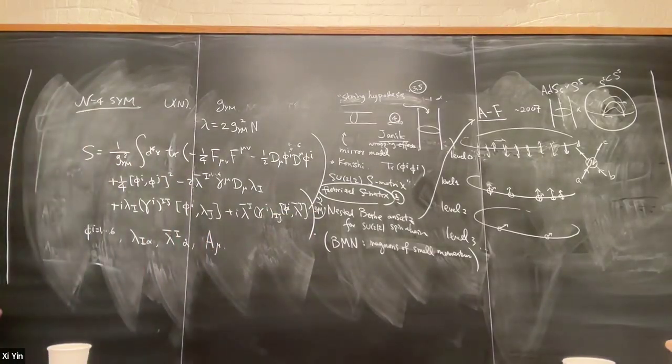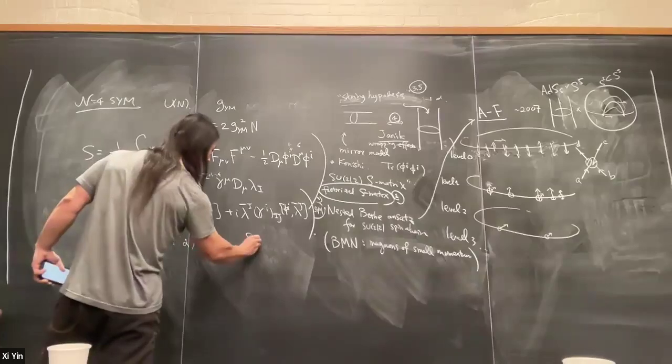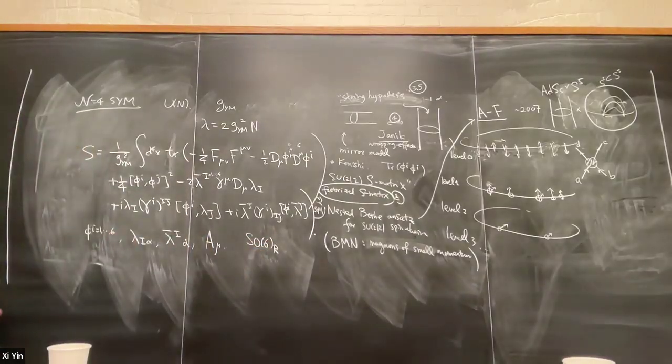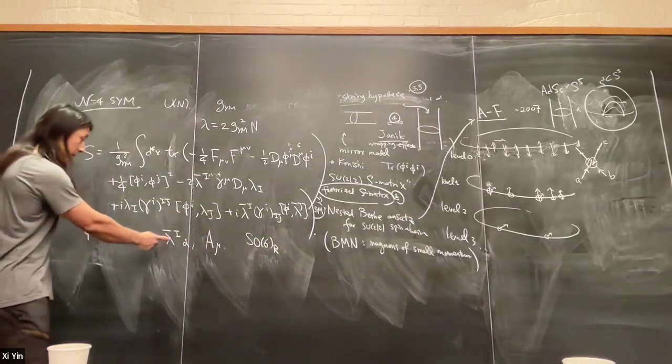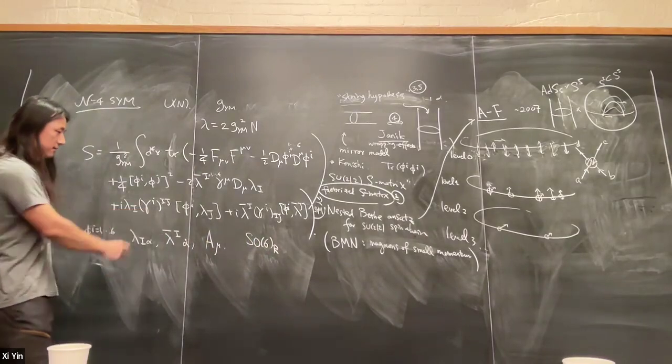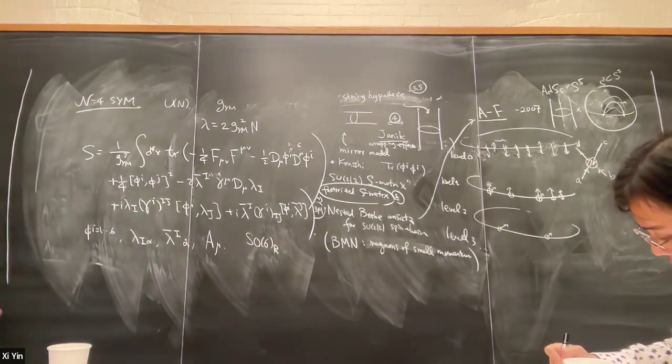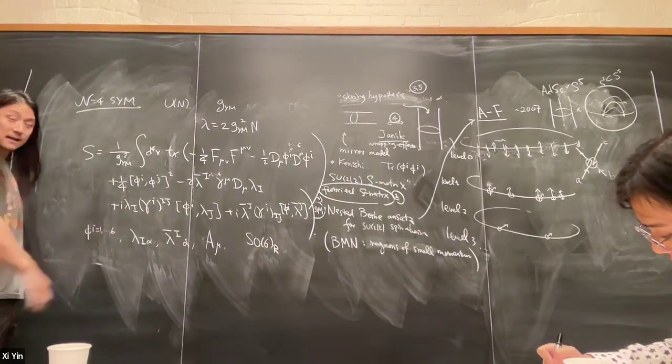We will have an SO(6) R-symmetry under which the phi^I transform as a vector, and the lambda^I transform as chiral and anti-chiral spinors. Here we have the six-dimensional Dirac gamma matrices, and that's it. That's the one. Of course, we can add the theta term.